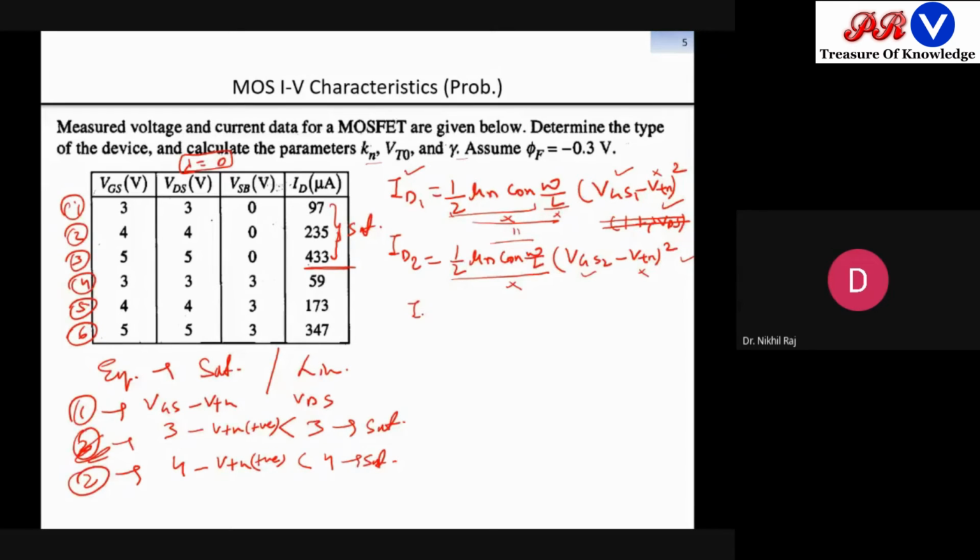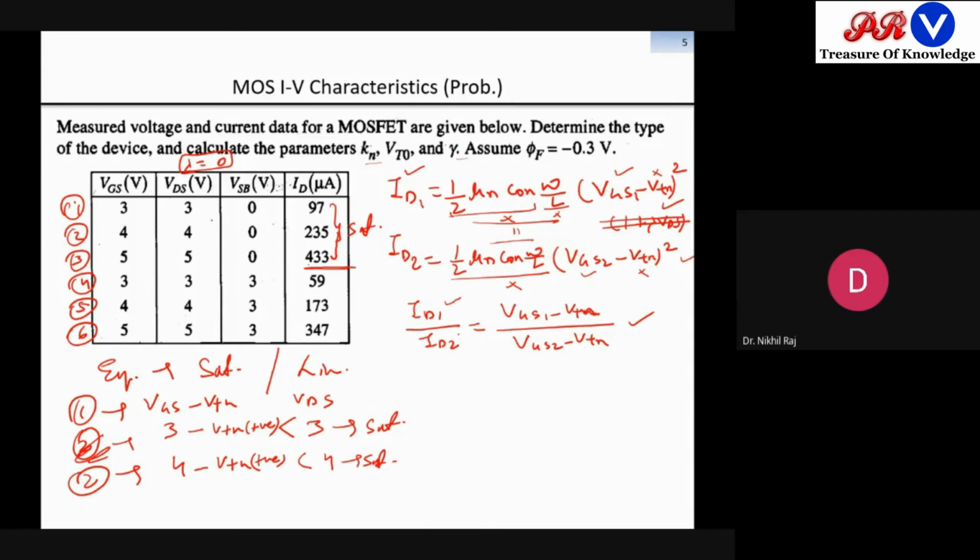So if I take the ratio of ID1 by ID2, what will happen? This part and this part will cancel out. So we are left with (VGS1 minus VTN) by (VGS2 minus VTN) whole squared. Till here it is fine, no problem.